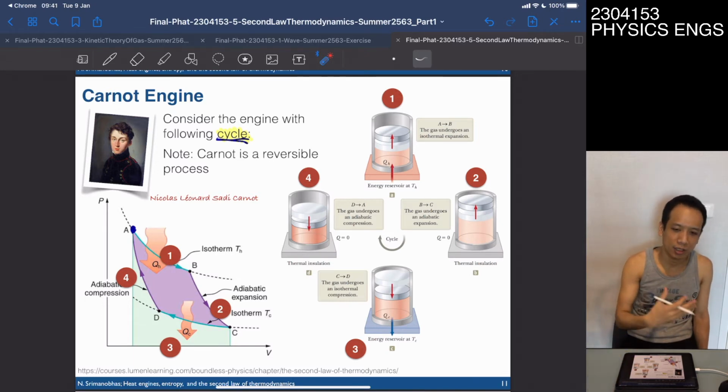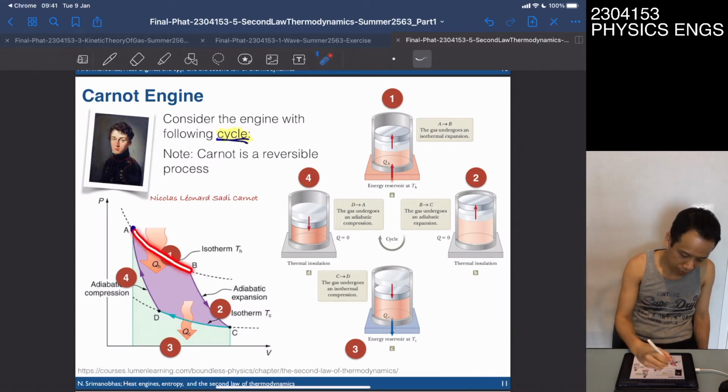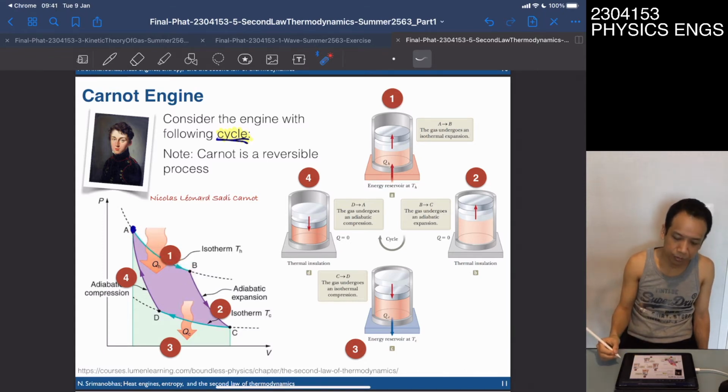You take a very small amount of energy for the system that you attach. In this case, it's gas in the piston attached to the hot reservoir. It's expanding, so the volume is increasing.